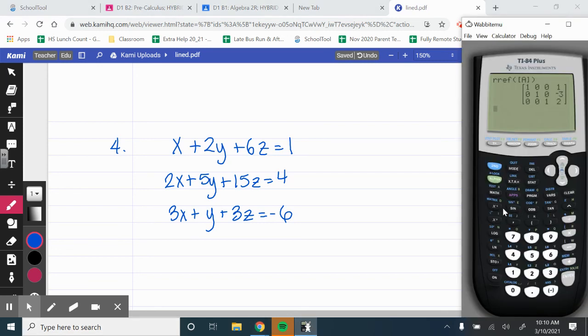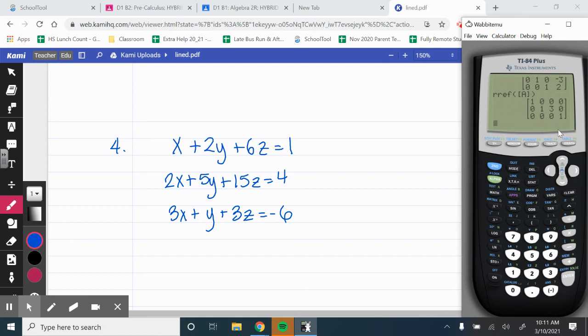Again, to check this one in your calculator, you're going to second matrix, over to edit. It's again a 3 by 4. This one's 1, 2, 6, 1, and 2, 5, 15, 4, and 3, 1, 3, -6. And then we're going to do second matrix, math, down to RREF, which is choice B. And then second matrix again, grab the one we just filled in, and then we hit enter for this one.